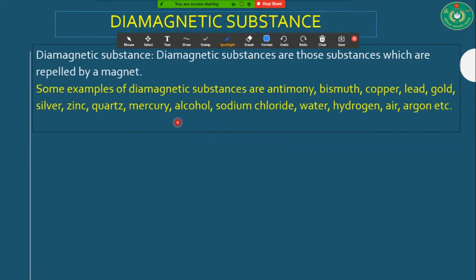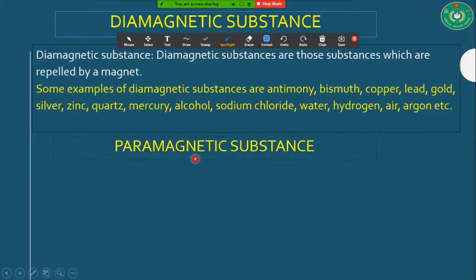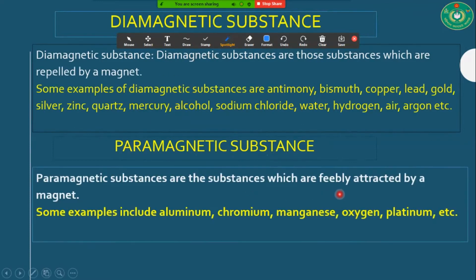These are examples of diamagnetic substances. Paramagnetic substances are also magnetic substances, but these are attracted by the external magnetic field very feebly, and these are examples of paramagnetic substances.